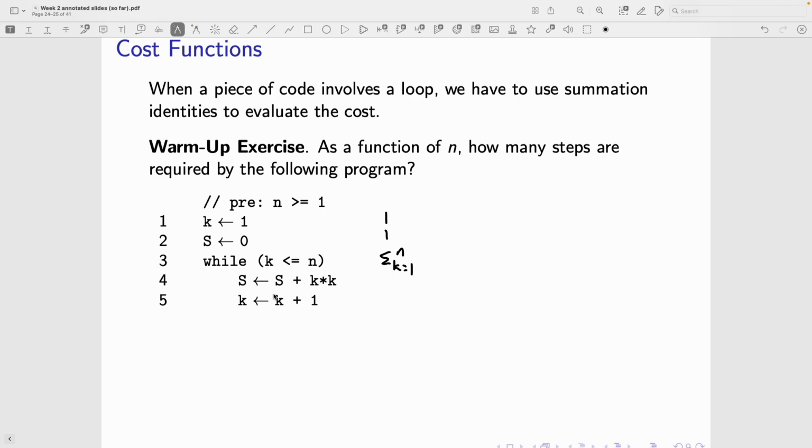Let's see. I don't think so. It starts at 1 and then the loop will terminate when k equals n plus 1, which might be what you're thinking about, but we'll handle that in a different way. We're still just going to have n up here.